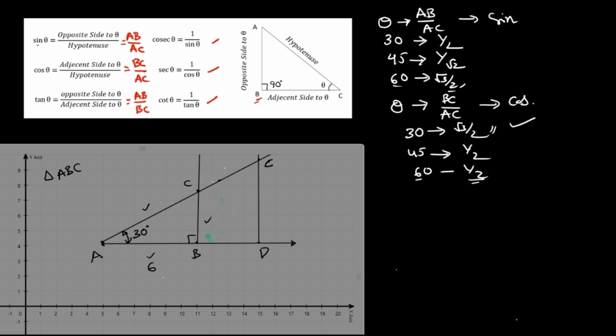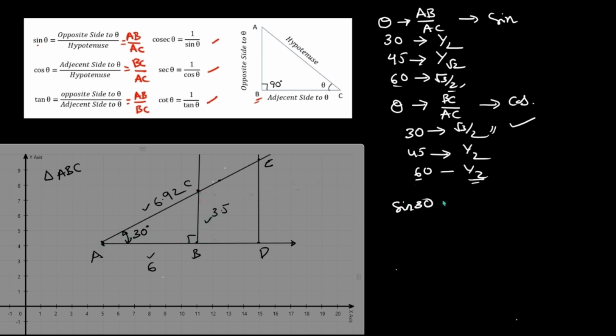How much do we have for the vertical here? 1, 2, 3, and it's around the middle of this, so it is some 3.5. If you use the Pythagoras theorem, you can find the hypotenuse AC, or you can measure it with the scale directly. You will get this distance as around 6.9. If you want to know sin theta, what is sin 30 here? It is the opposite side to the hypotenuse.